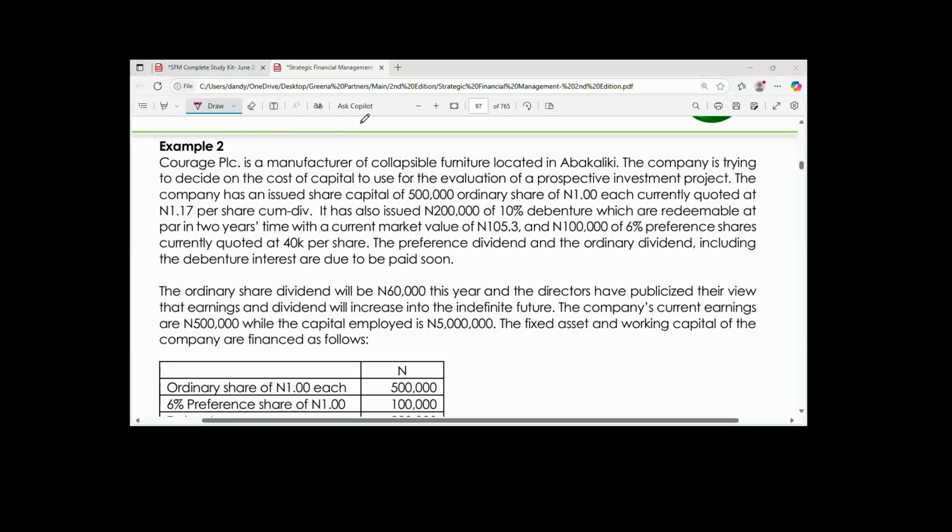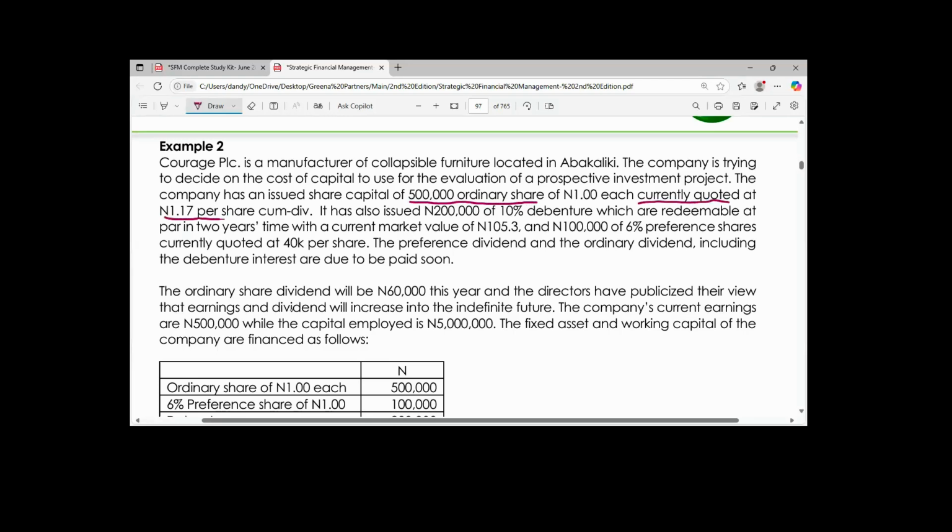Courage PLC. Good evening, sir. Good evening. Courage PLC is a manufacturer of collapsible furniture located in Abakaliki. The company is trying to decide on the cost of capital to use for the evaluation of a prospective investment project. The company has an issued share capital of 500,000 ordinary shares of 1 naira each, currently quoted at 1 naira 17 kobo per share cum div.